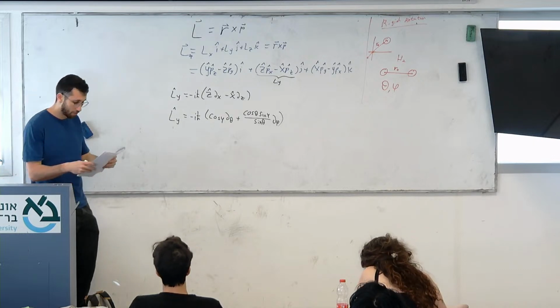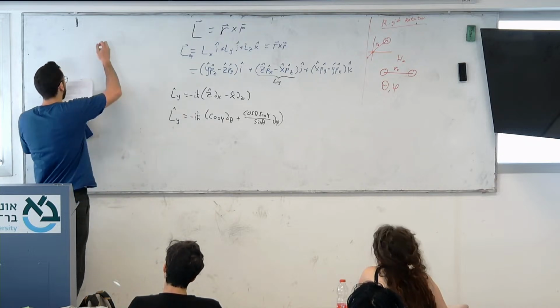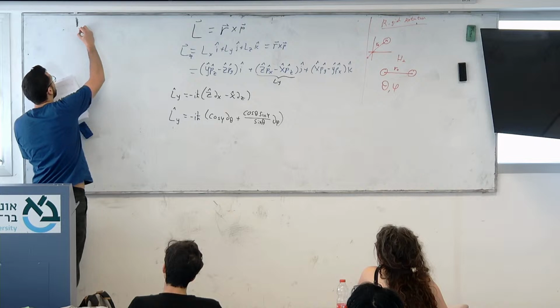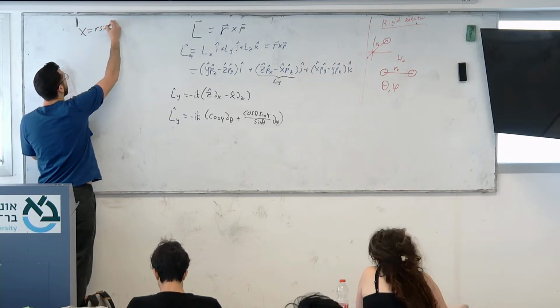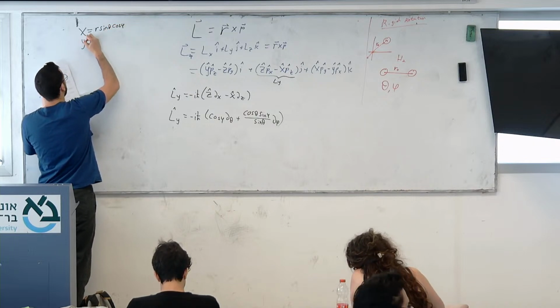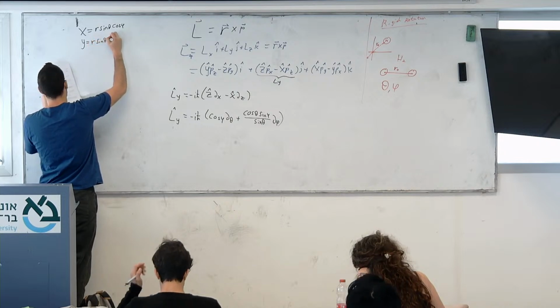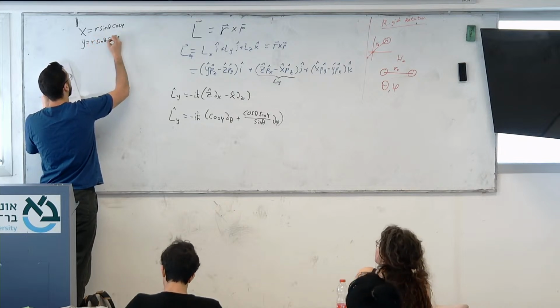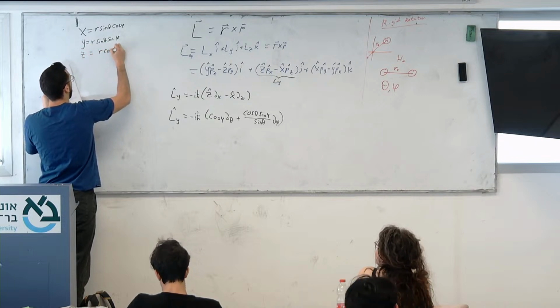What are we going to do? We're going to do it in a robust way. The easiest and simplest way is just to say x is equal to r sine theta cosine phi, y is equal to r sine theta sine phi, z is equal to r cosine theta.